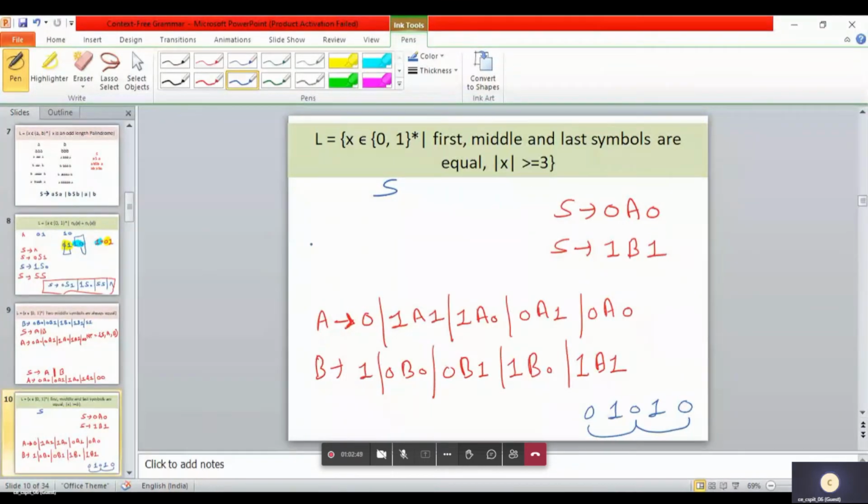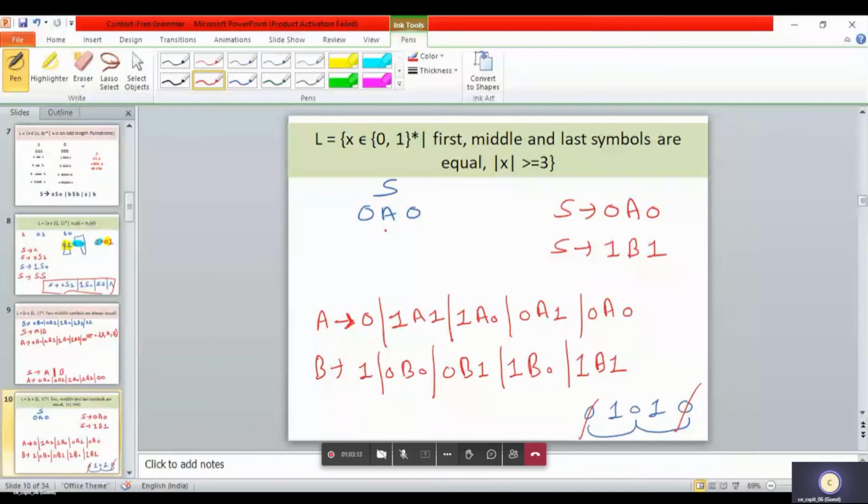So we'll start with the alternative of S, that is 0A0. So we are getting the first and last position 0. Now we have non-terminal A, so we cannot apply any rules starting with B. Only rules from non-terminal A we can apply.